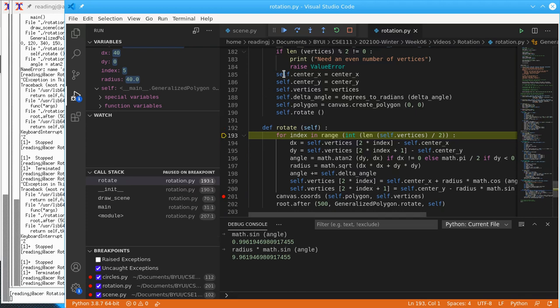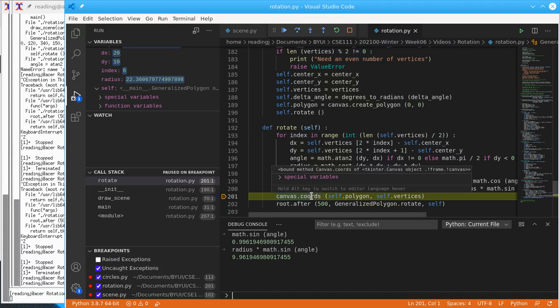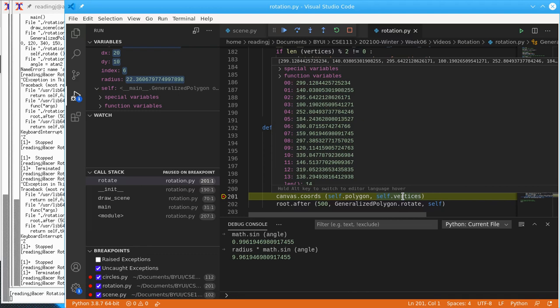Clear that one for right now. Let's run to there. So what do the chords look like? Oh, I want to look at vertices. That all seems reasonable.